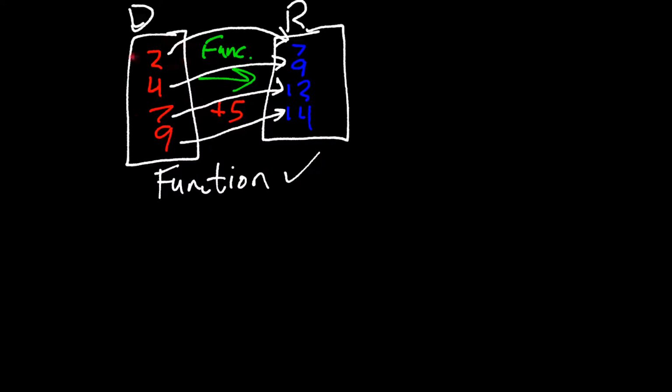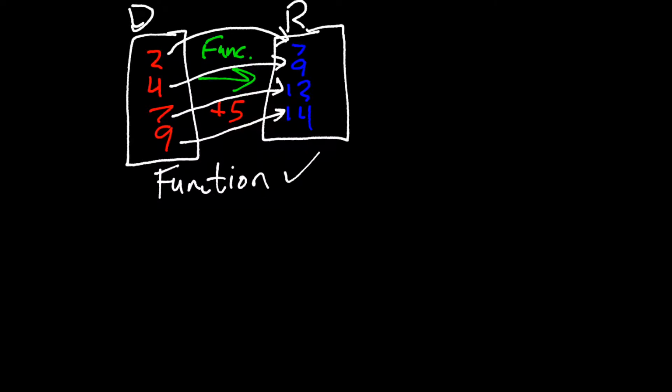Every domain has one partner in the range. So 2 only partners up with 7. 4 only partners up with 9. You can't have 2 partners for the domain. But, as I'll show you in a moment, we could have multiple partners with the range.